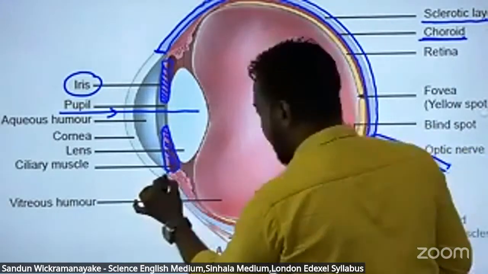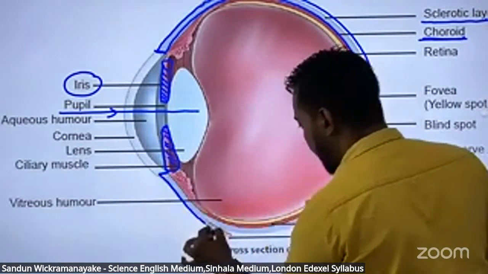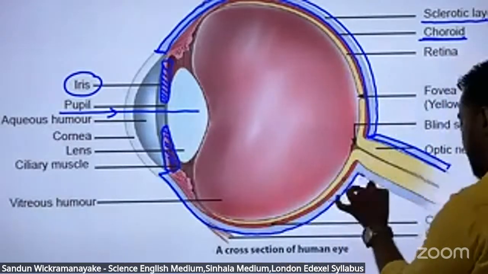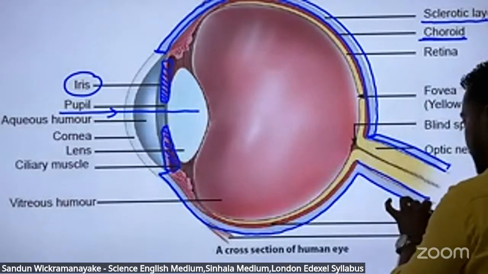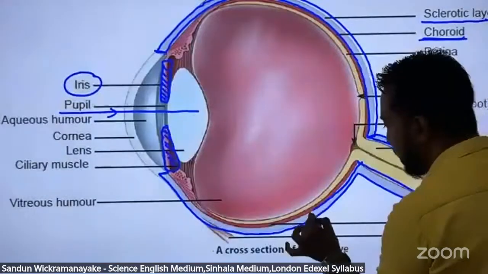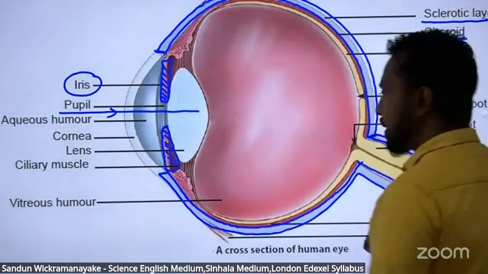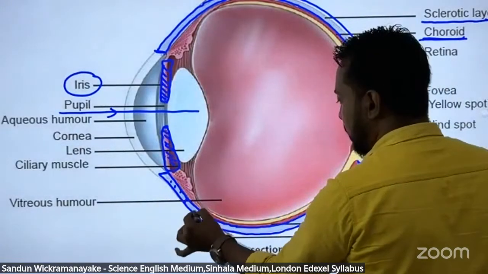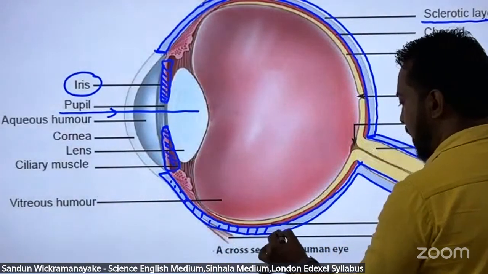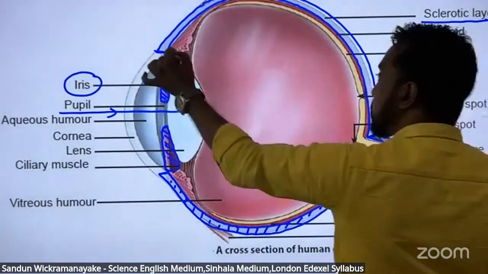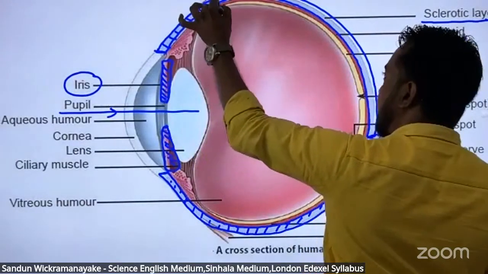This is the other side. This is the sclerotic layer. It is located like this. So no light ray can enter through this sclerotic layer because of the white color.